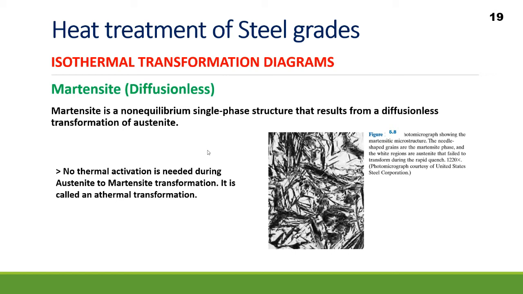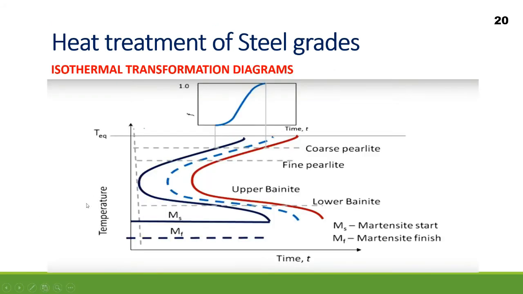Martensite is a non-equilibrium single-phase structure that results from a diffusionless transformation of austenite. No thermal activation is needed during the austenite to martensite transformation, so it is also called an athermal transformation.